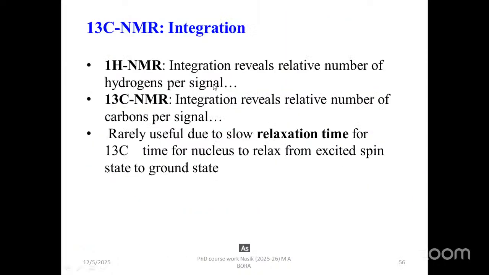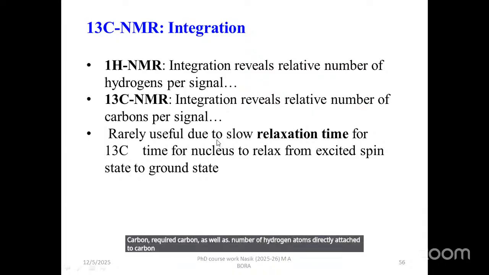As I told you, integration is not like in H1 NMR, where we can find the number of equivalent protons. In C13, integration gives information about the carbon, the equivalent carbon, as well as the number of hydrogen atoms directly attached to the carbon. It also decides the intensity.